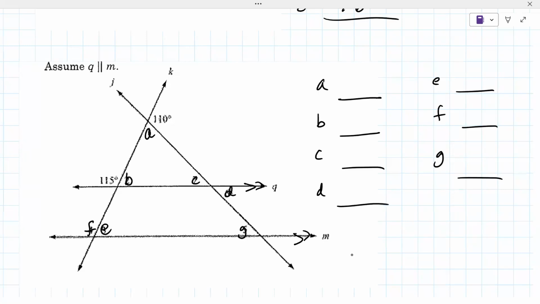That's important. C and D are congruent, correct? They're vertical angles.